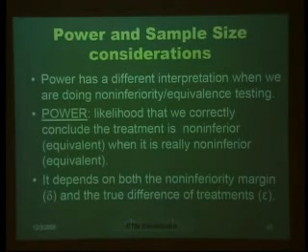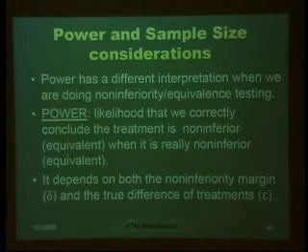When we do any hypothesis test, we are always worried about power. And for non-inferiority or equivalence testing, the power is a little bit different from what we have in usual hypothesis tests. The power here is the likelihood that we correctly conclude the treatment is non-inferior or the treatment is equivalent when they are equivalent.